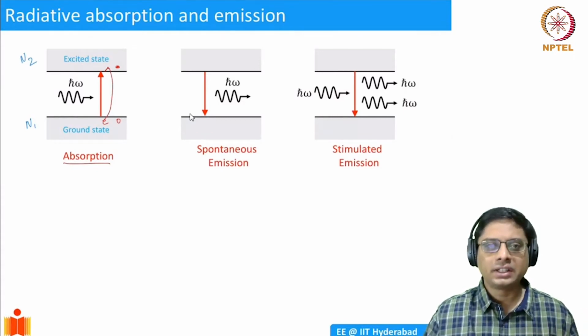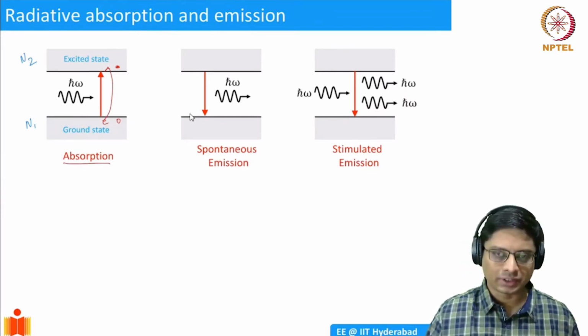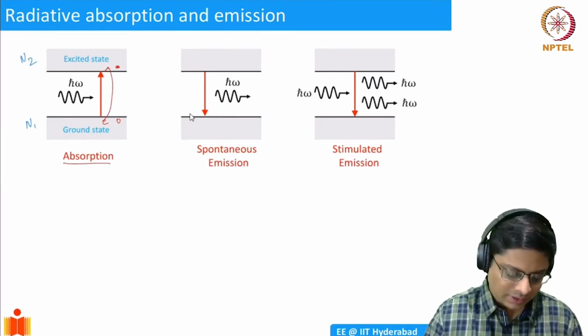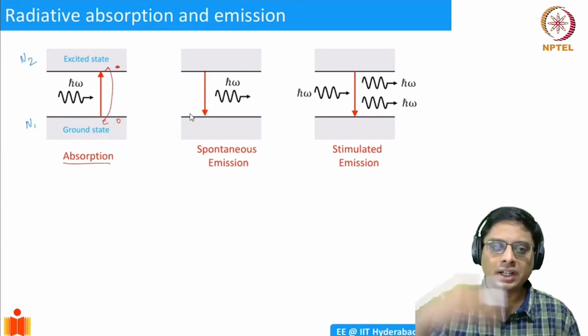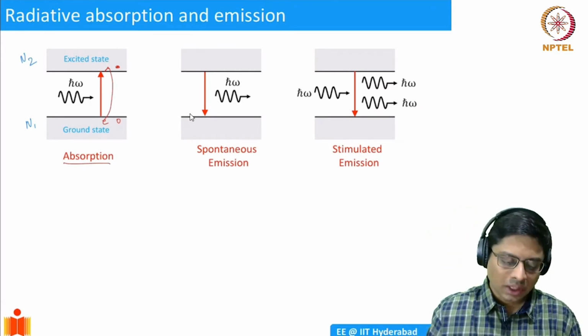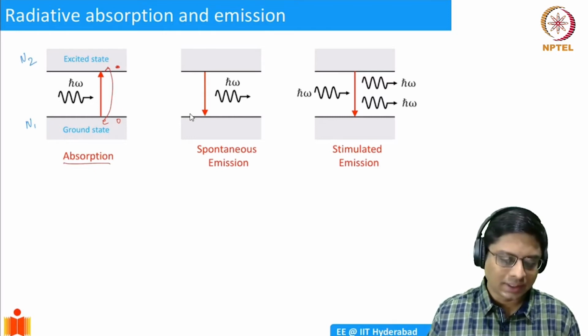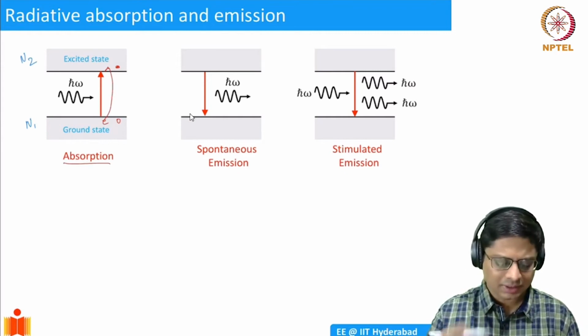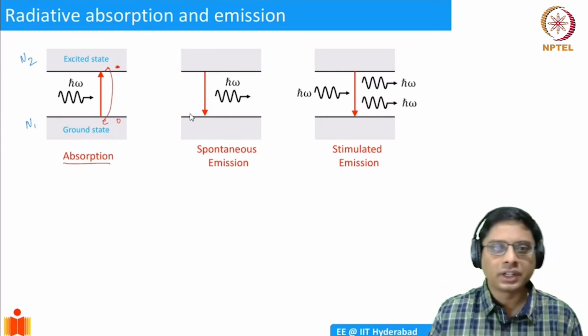And the way we can understand the absorption process, we try to model it by writing a rate equation for it. So, for example, now I said the population of the ground state is N1 and the population of the excited state is N2. So now if I want to understand what is the rate of, let's say, increase in the, or rather, I'm taking the electrons from the lower state to the higher state, right? So what is the rate of decrease of electrons in the lower state?